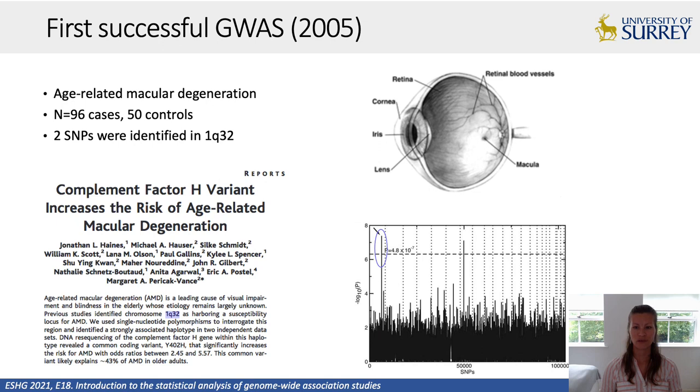It had a fairly small sample size of only 96 cases and 50 controls, but because of the strong association, it identified 2 SNPs on chromosome 1, which can be seen on this first of its kind Manhattan plot, where on the x-axis we have the SNPs and their positions, and on the y-axis we have the minus log 10 p-value, and the lines here represent the association signals from each of the SNPs, and we can see the strong association on chromosome 1.